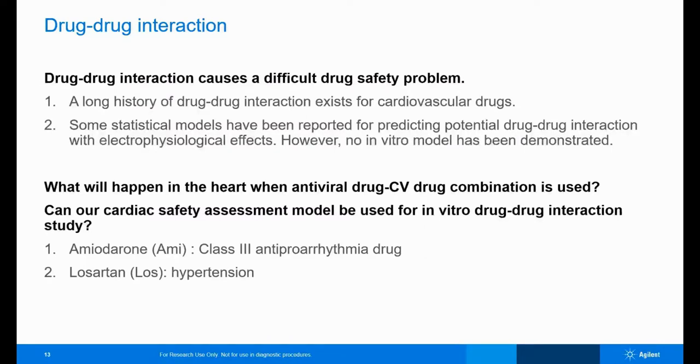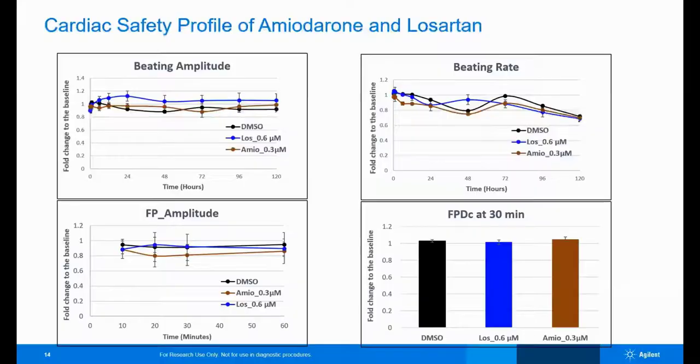They were co-treated with the antiviral drug respectively. Before we performed the drug combination study, we checked the cardiac safety profile of these 2 cardiovascular drugs. From these figures here, we can see that at the tested concentrations, 0.3 micromolar for amiodarone and 6 micromolar for losartan, they didn't show cardiac side effects.